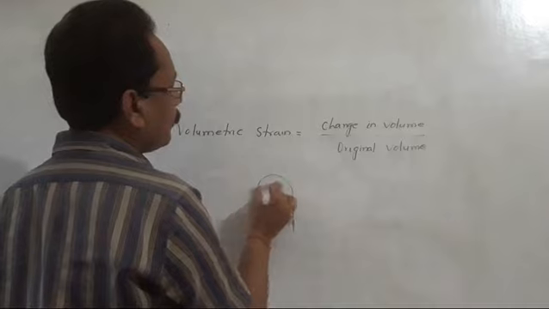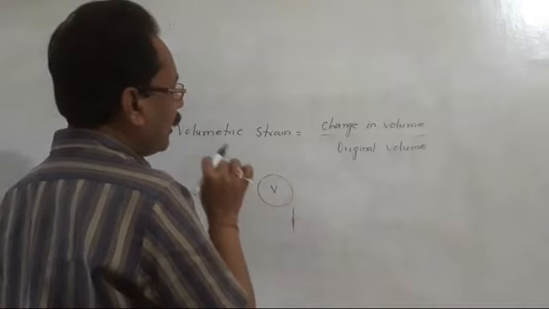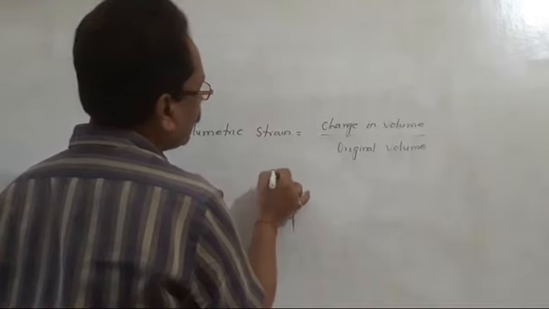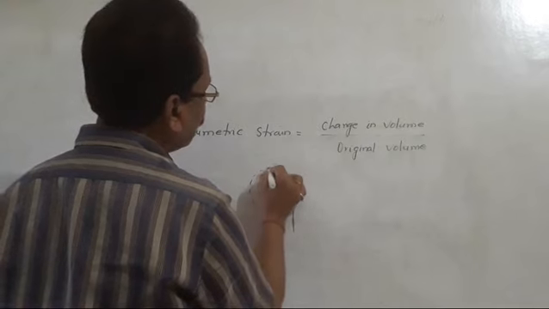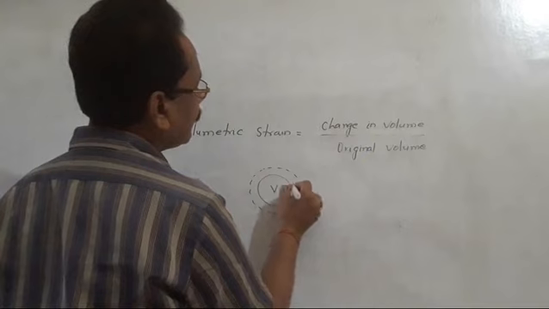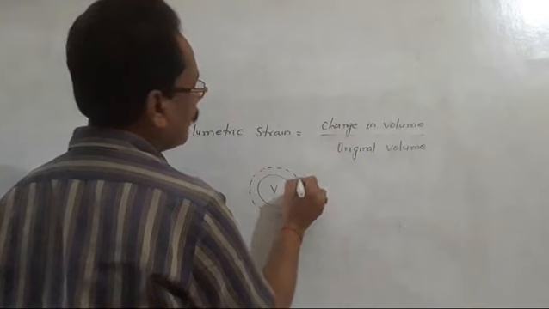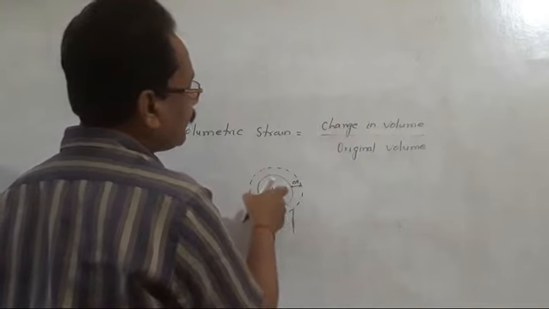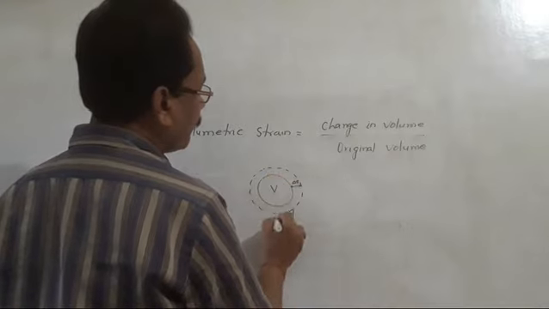Its volume is V, and if we give air in the ball, then its volume increases by del V. It is increasing, so it is positive.